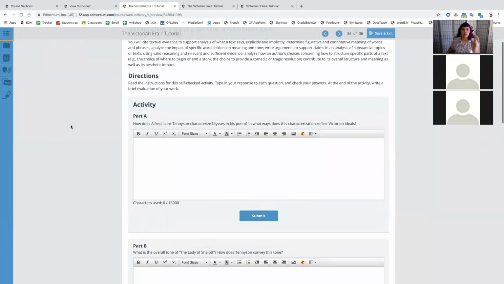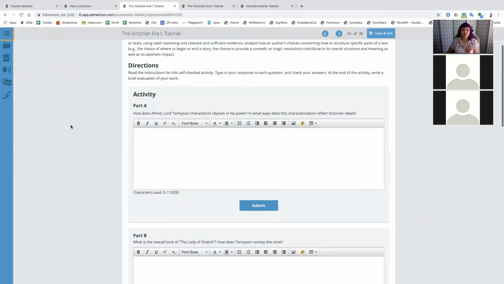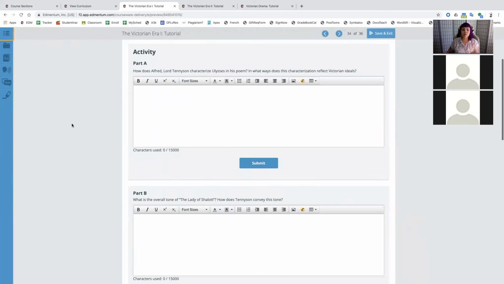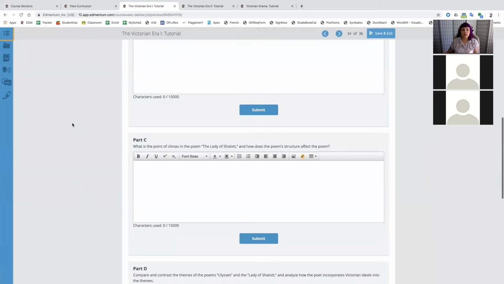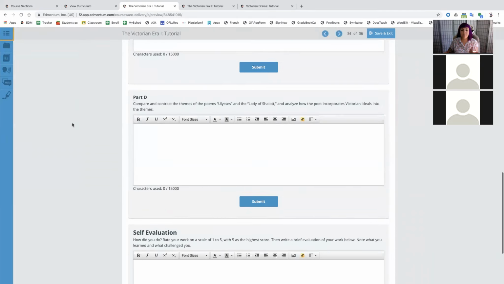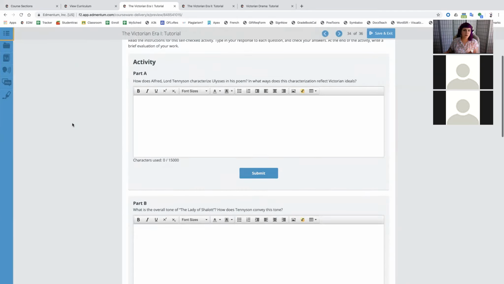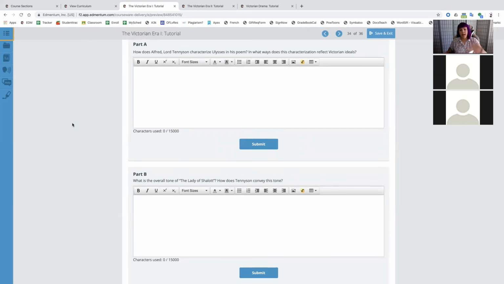You're asked to look over two poems for the lesson activity: Ulysses and The Lady of Shalott, and then you're going to compare them a little bit. Ulysses is actually about the Odyssey. If you're familiar with that story, it's about Ulysses or Odysseus, depending on which language version you've read before.